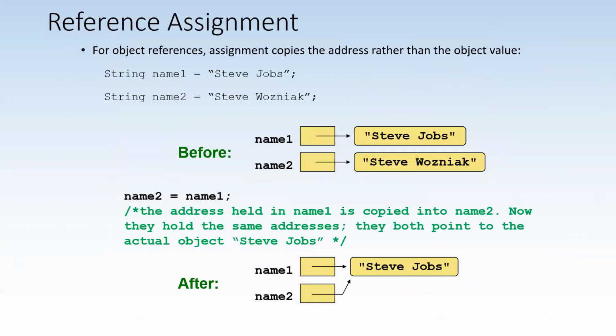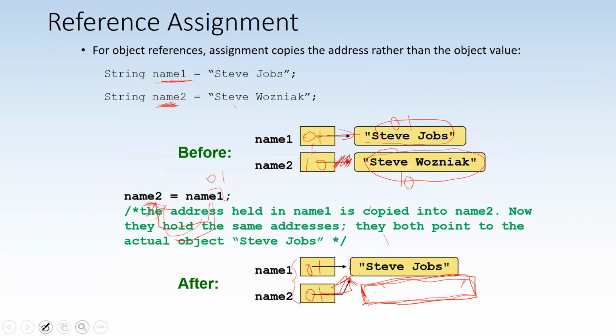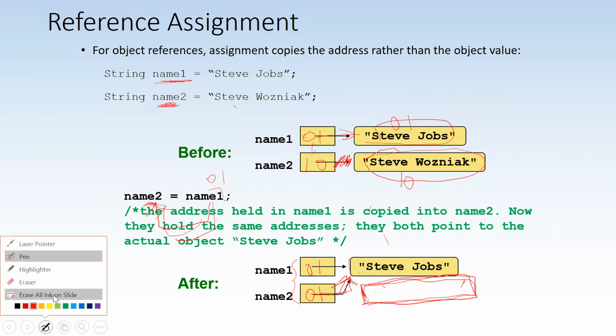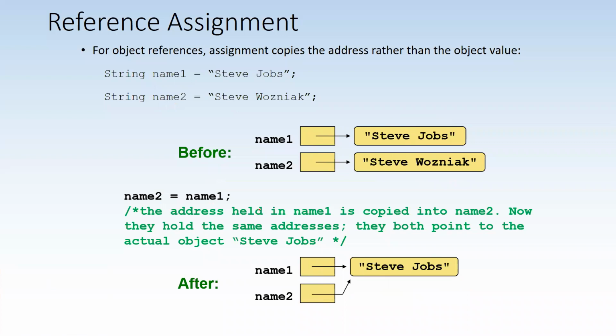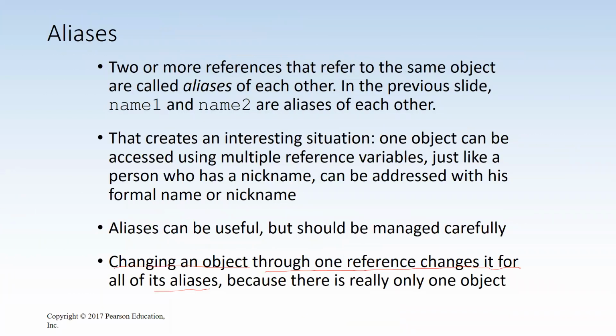I cannot use string to give you an example, because string is a different class, it's immutable, so this doesn't apply to a string. It will apply to other classes. If you change this object using name1, when you reference name2, it will be changed also. That's what that means. Any questions so far?